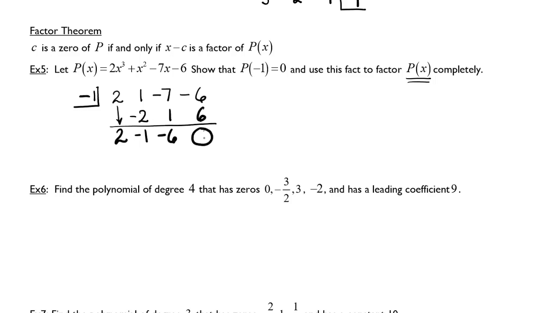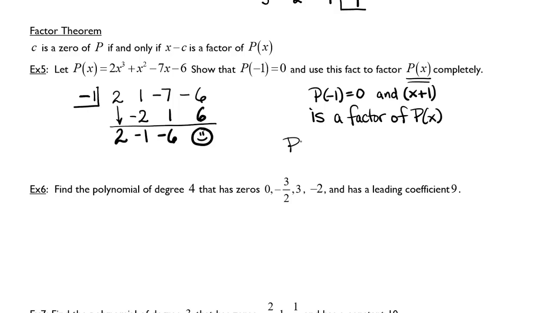And we do indeed get a 0 as our remainder, which tells me that p of -1 equals 0 and x plus 1 is a factor of p of x.